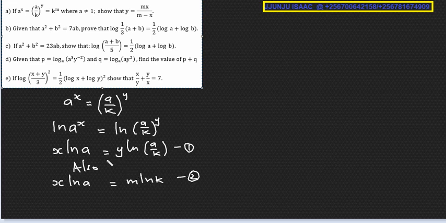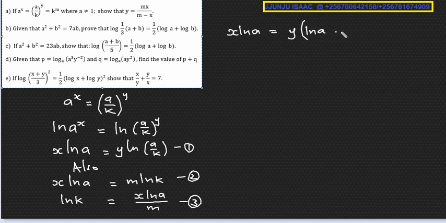But now what we need is to get rid of the k. We need to get rid of the k. So here we can say that ln k is equal to x ln a over m. That is equation 3. So we can also get ln k from here. Okay, so from 1 we have x ln a equal to y ln(a/k). Then when you see a division, we are going to subtract. So this will be ln a minus ln k.